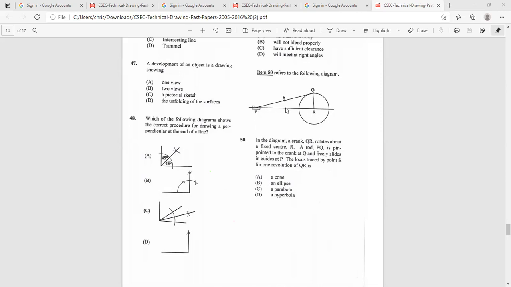So when this moves along here and this goes around, this from here comes here. We have one here. But it's an ellipse. Here we'll form a path like this. It's an ellipse, which is B.